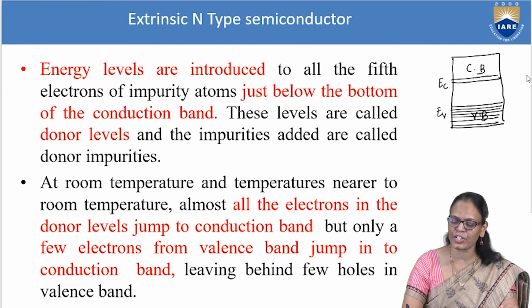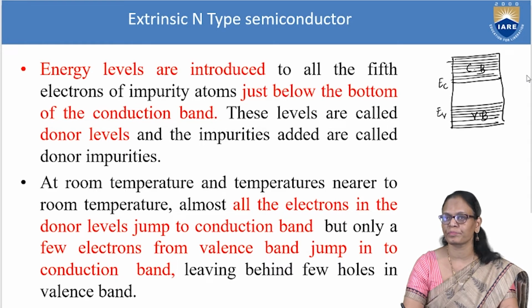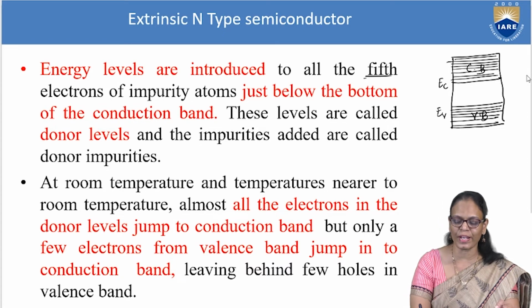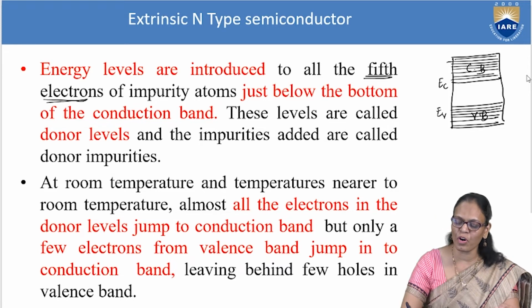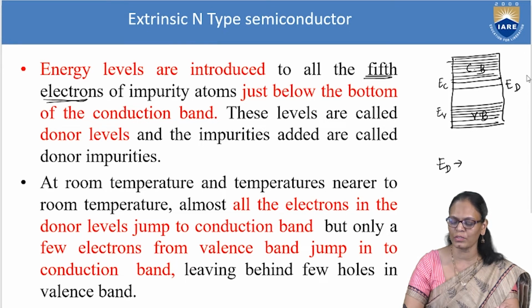Now all the conduction electrons which are free, the 5th electrons, will be denoted here. After the covalent bond formation, the 5th electron, which is always free, forms an energy level just below the conduction band, and we name it ED, which is called the donor level.